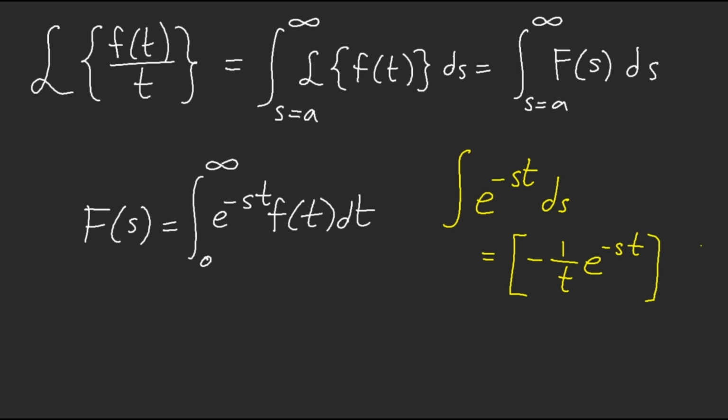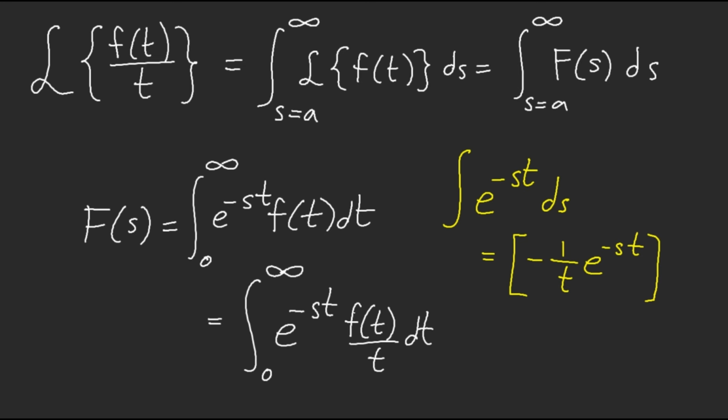Okay, cool. But what do we put up for our bounds? Our goal is that we want e to the negative st by itself and f of t divided by t dt. We just want this and this by itself.